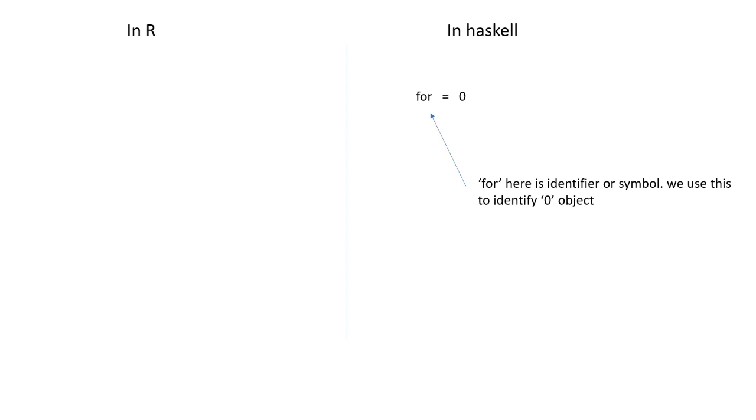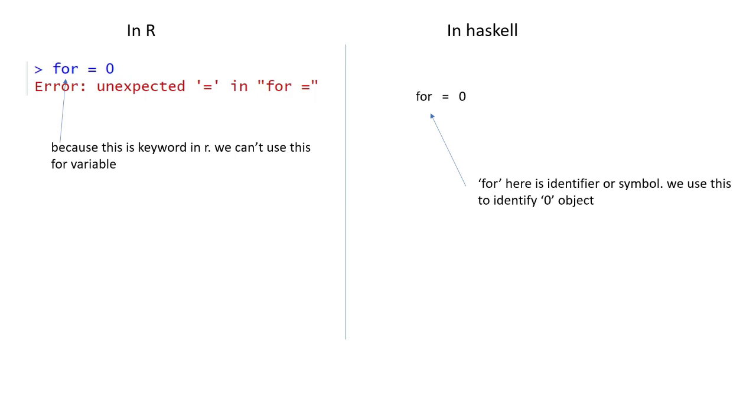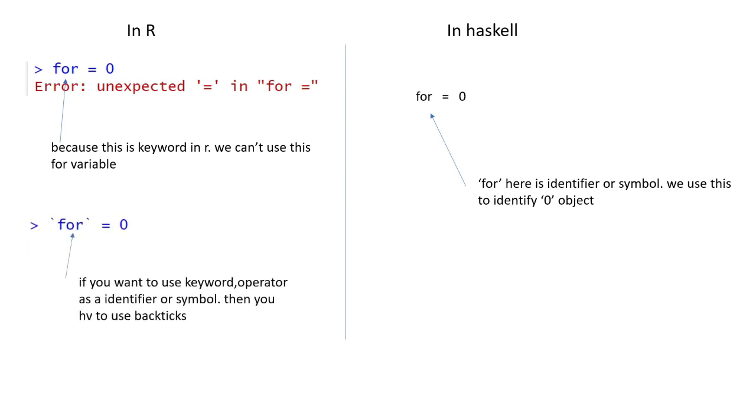First, for is a keyword, so it gives you an error because you can't use a keyword as a variable. But if you use backticks, it loses the ability of a keyword. Now for becomes a symbol, an identifier. If you want to use a keyword or operator as an identifier, then you have to use backticks. Otherwise R gives you an error.